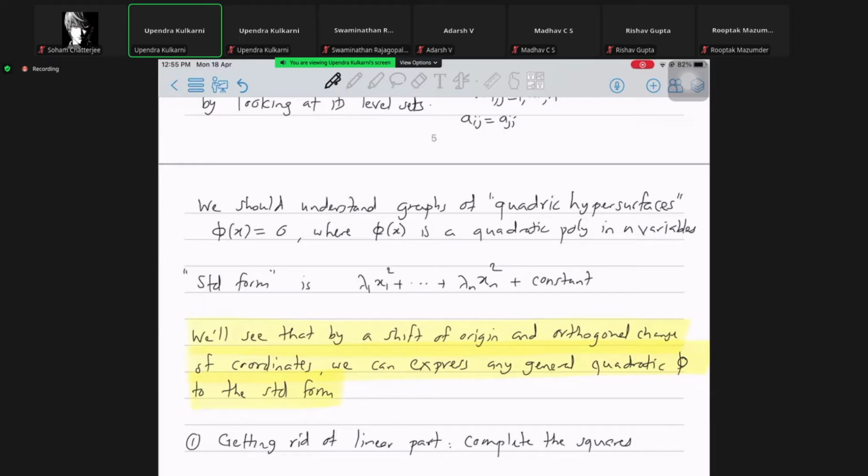When all the lambdas are negative, that's the case where I get a global maximum. And when the lambdas are mixed, some positive and some negative, then in different directions I'm going to get saddle points. So the standard form makes the geometry transparent.